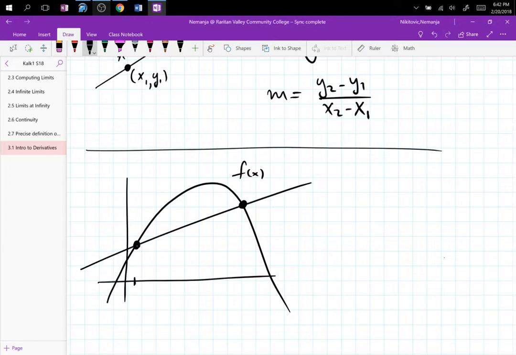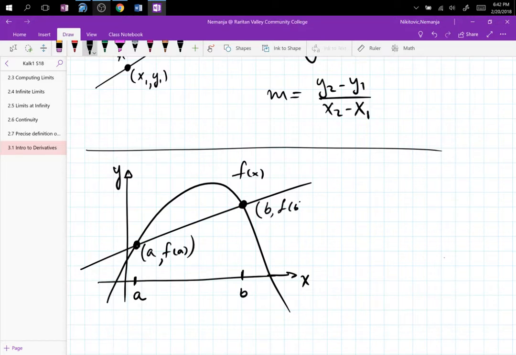Now, if those points are A and B, then each one of these points is A, f of A and B, f of B. Now it's a straight line.